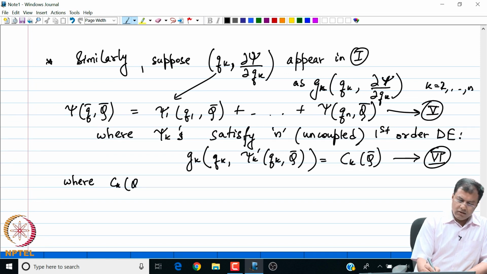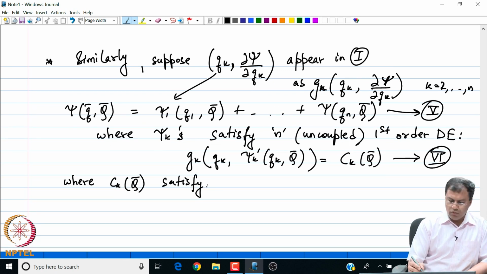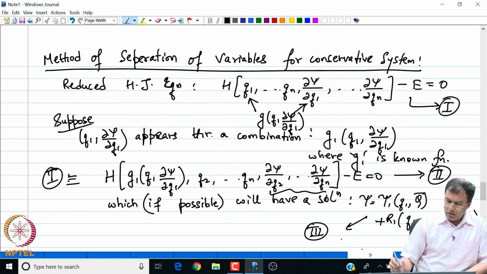So Ck's, the constants, satisfy our original Hamilton-Jacobi equation, they satisfy the reduced Hamilton-Jacobi equation. So they satisfy 2, right. So what is 2? So 2 is this quantity, right. So instead of G case, I replace the G case by C case, right.